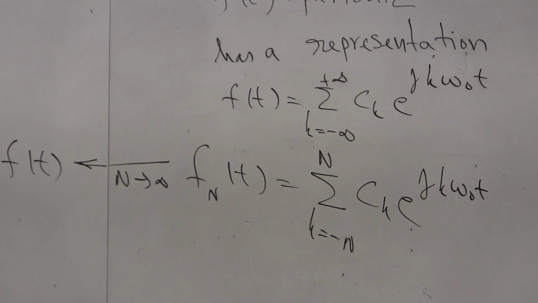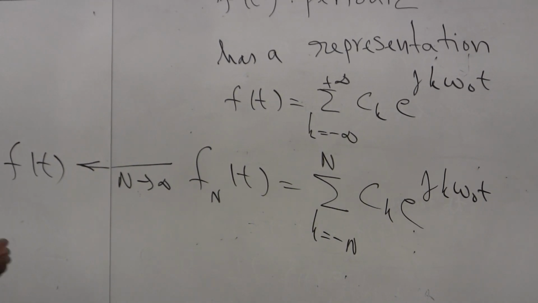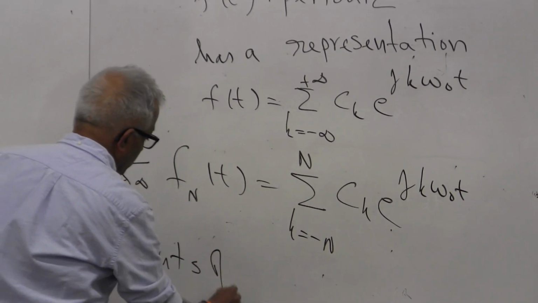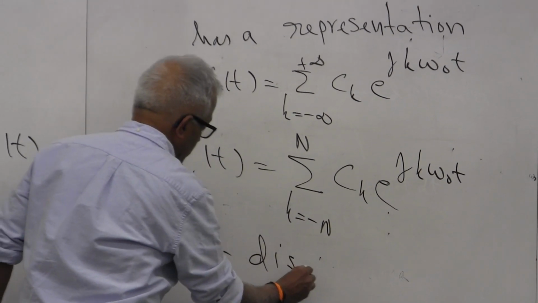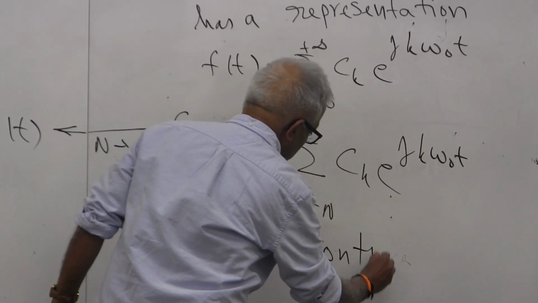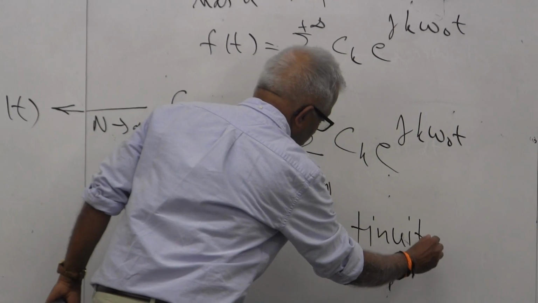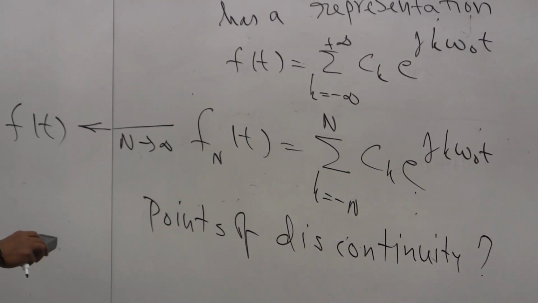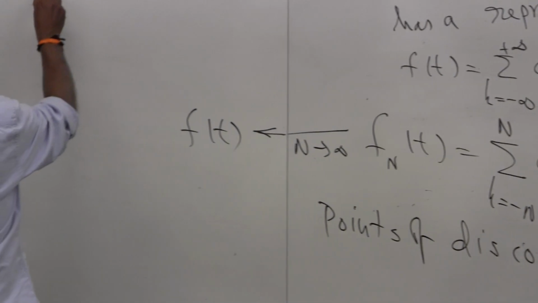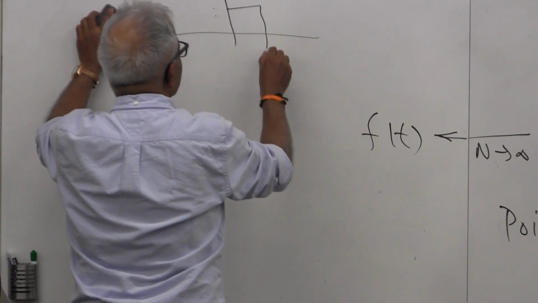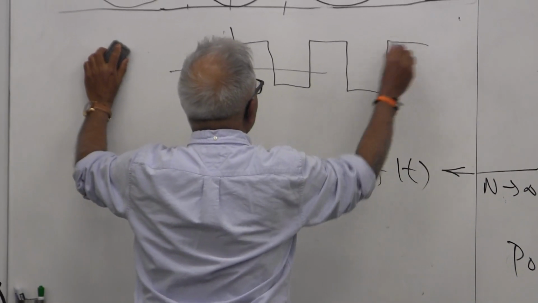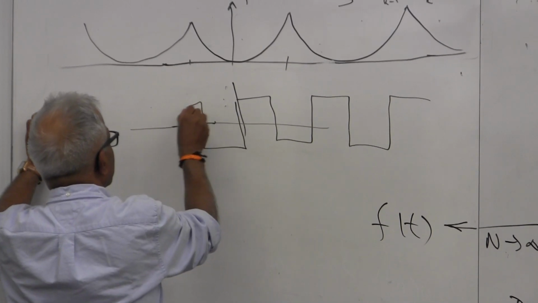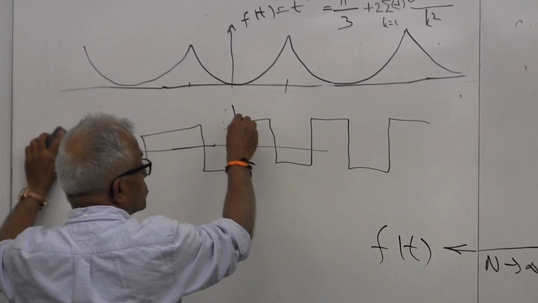So you can ask what happens at points of discontinuity. Let me look at this function. This is continuous everywhere, whereas a function like this has a discontinuity, because from here it jumps to this.